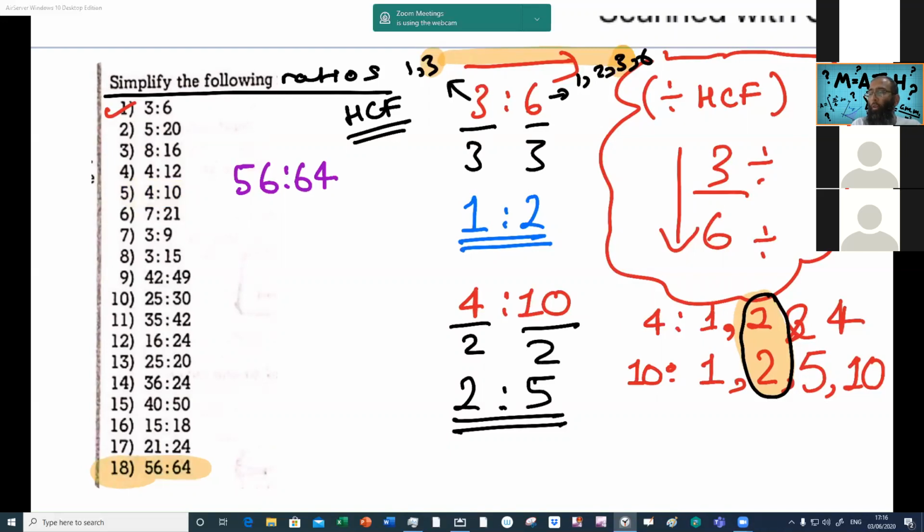Where does 64 come in times tables? So 64, which times table is bigger than the 6 times table? Does 64 come in? Okay, it's from the.